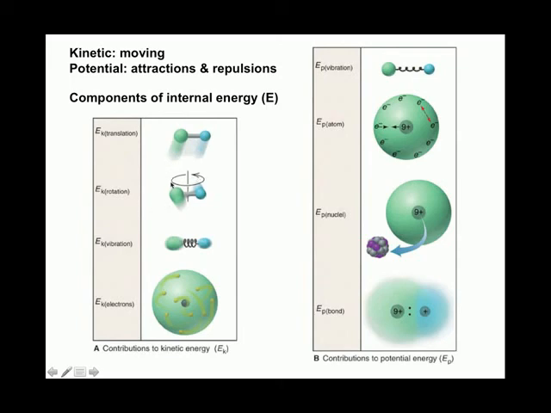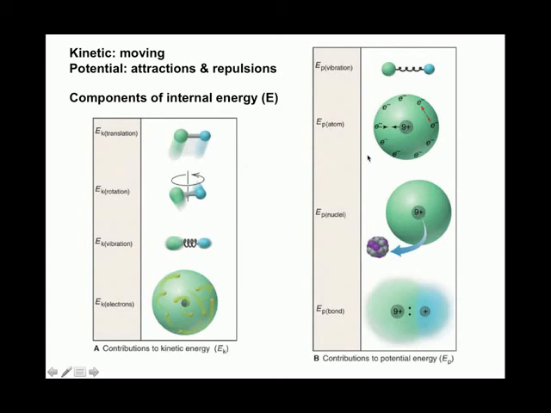Here we have rotational energy, meaning a molecule can be thought to spin on its own axis. Vibrational energy is shown with these springs here. We think of bonds more like springs rather than nails holding atoms rigidly in place. Atoms can vibrate in place, with a certain frequency. And then we also have electrons spinning around the nuclei of atoms. So these are the various types of kinetic energies.